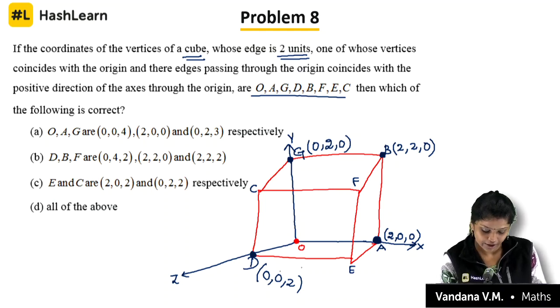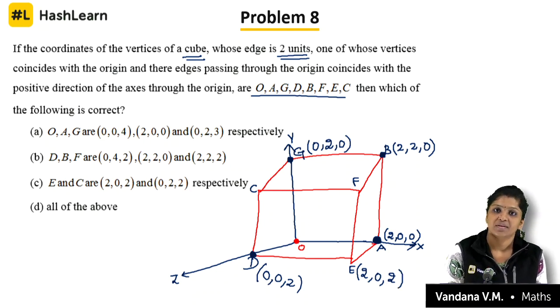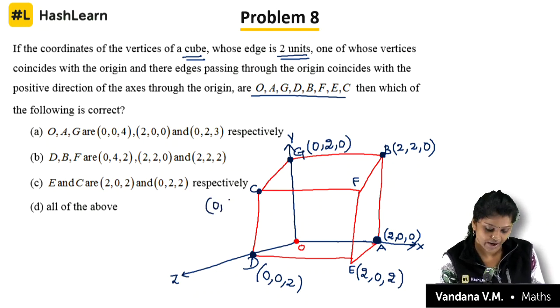E. It is on x and z plane. X and z plane means how will you write? x is 2 and z is 2 and y will be 0. Clear? Now C. It is on yz plane. So x coordinate is 0. C remaining will be 2, 2.